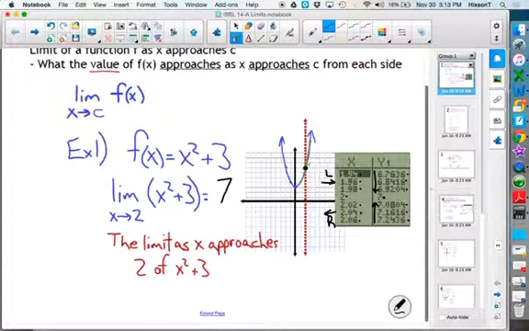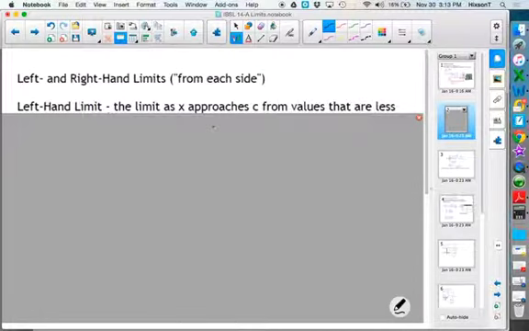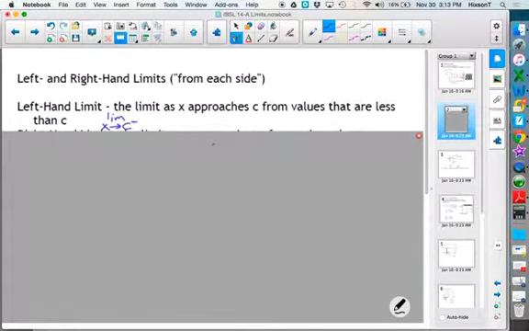Now, we're talking about coming from the left and coming from the right. We actually have what are known as left-hand limits and right-hand limits. The left-hand limit: as we're coming from the left side, the limit as x approaches c from values that are less than c, or to the left of c on our x-axis, we would write like this: the limit as x approaches c, and you put a little negative after it.